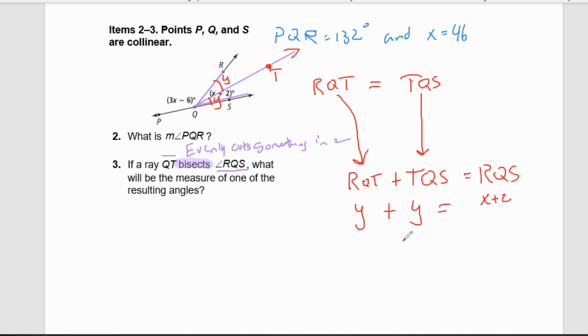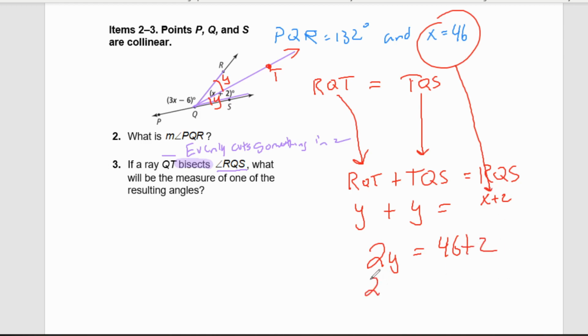And the fallout from this is simply y plus y is 2y is equal to 46 plus 2, bringing in my x equals 46. And now that I know that y plus y is equal to 2y, and that's equal to the whole angle RQS, I can divide by 2. And I get my cancellation of the y's, and I get y equals 24.